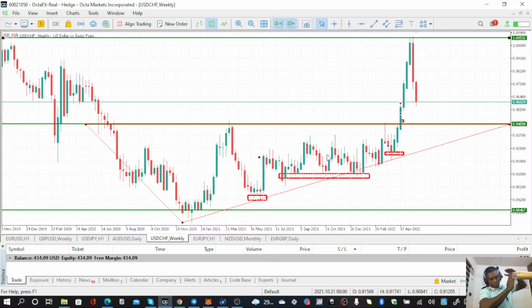Now, this ascending triangle is a bullish chart pattern.